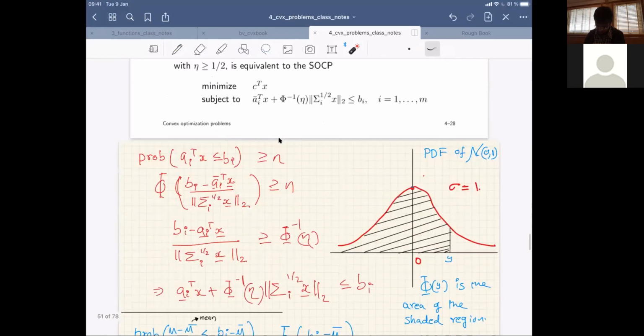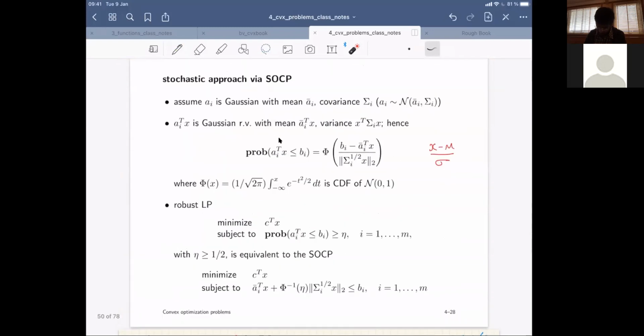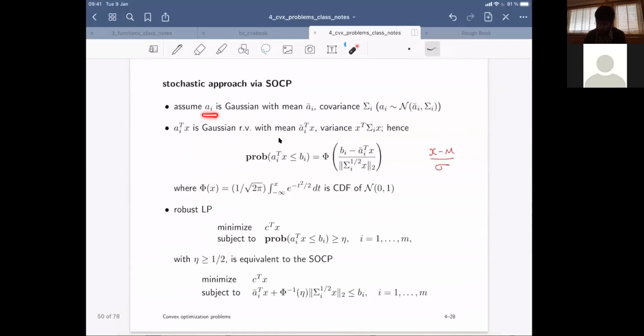So for example, if I normalize my random variable, where a has a mean a bar and covariance sigma I, then a transpose x will have a mean, since this is like a random variable multiplied by a constant x. So it will have mean a bar transpose x, and variance x transpose sigma I x.